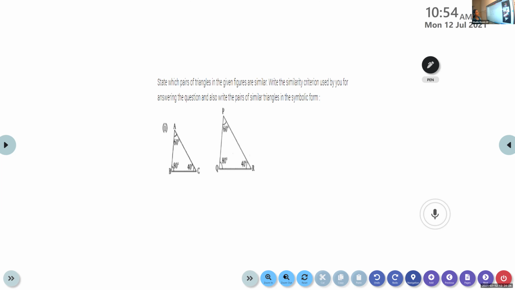You have to write them in symbolic form. Afsana, I think you can get ready. It's okay. So copy this question. We'll be discussing the answer in the next period.